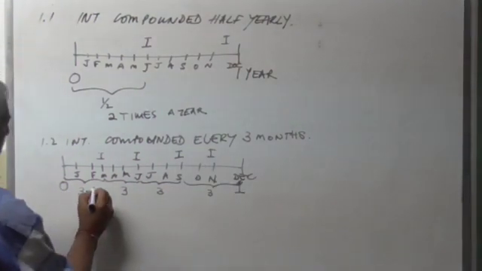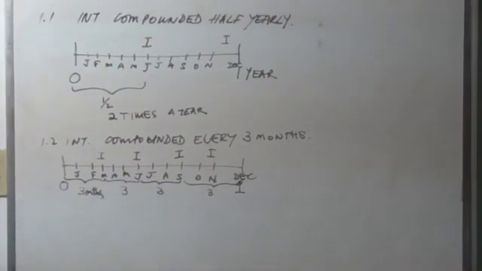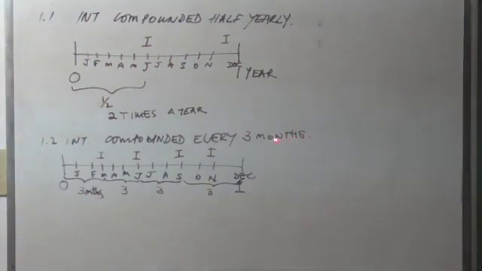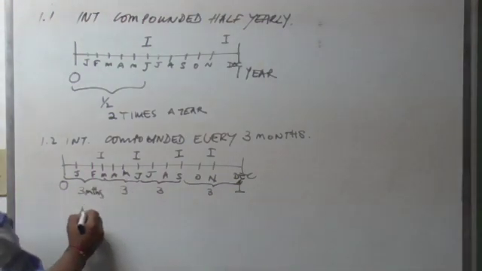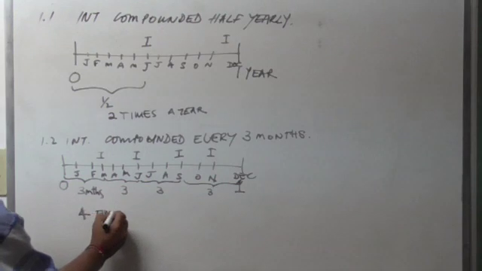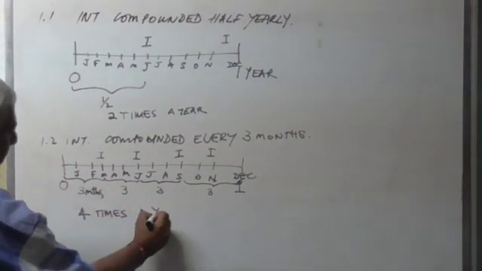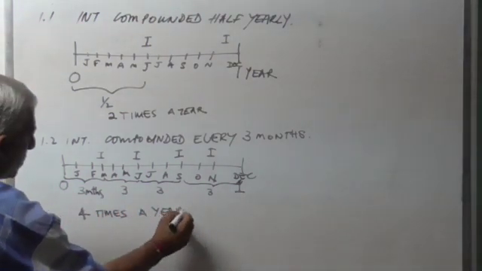This is 3 months. So you can see that when you get interest every 3 months, you will get interest 1, 2, 3, 4 times. So every 3 months means you get 4 times a year. You get interest 4 times a year.